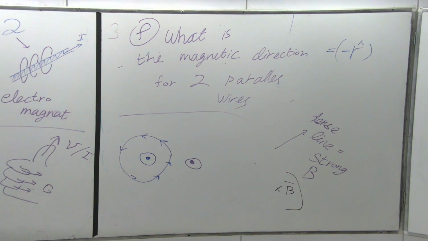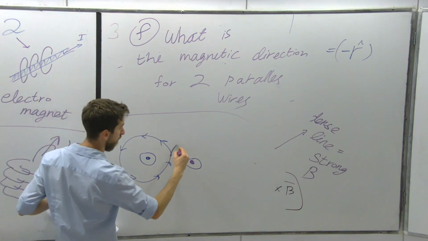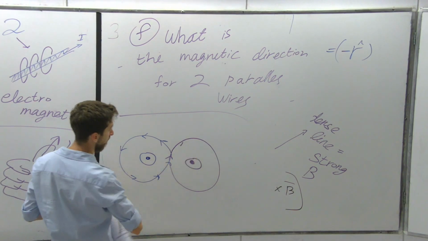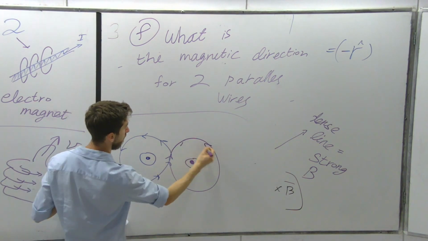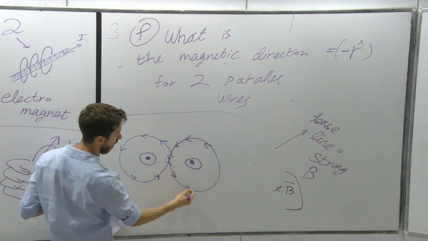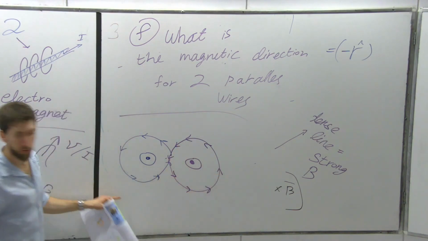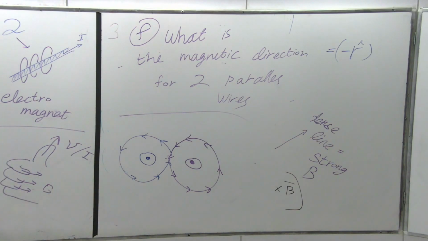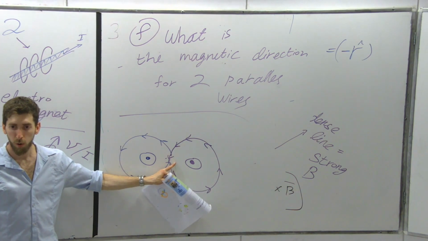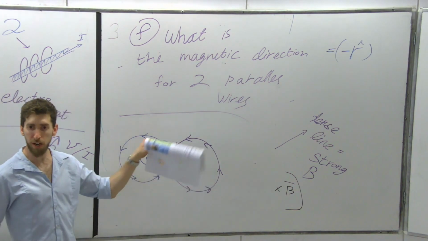So let's do the other one. In this direction, the direction is the same. It's going here, counterclockwise. You see? Counterclockwise. At this point, one is coming in and one is coming out.